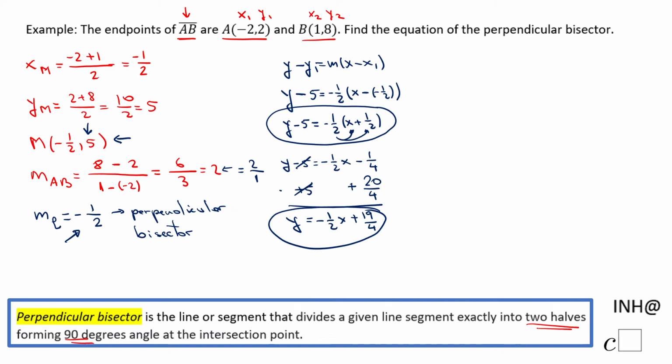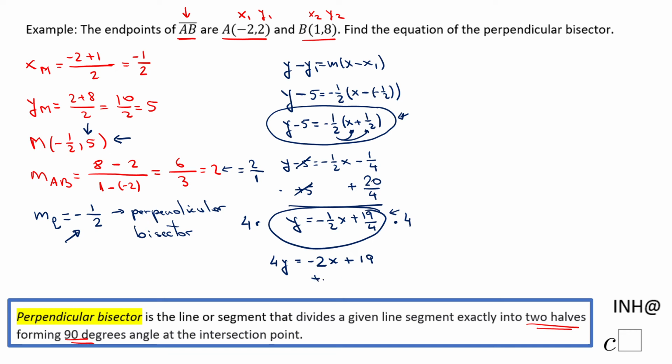We can have another one, called the standard form. In this case you can start either from this one or from this form. Let's say you have the slope intercept form. On that one you multiply both sides by 4, so we're going to have 4y equals, negative 1/2 times 4, that is going to be, I'm sorry, negative 2x plus 19 over 4 times 4, that will be 19.